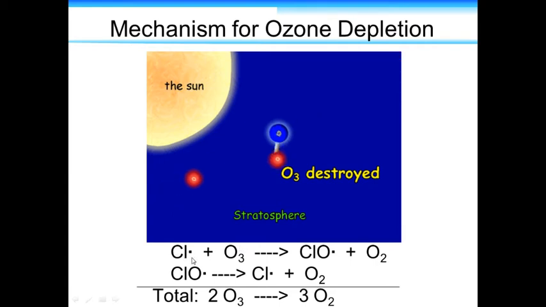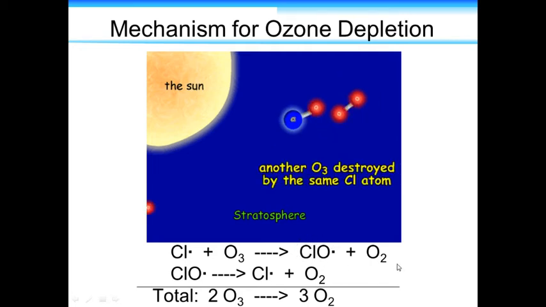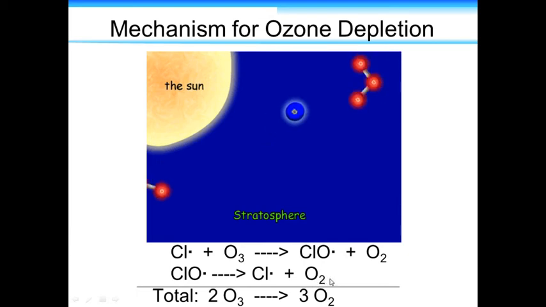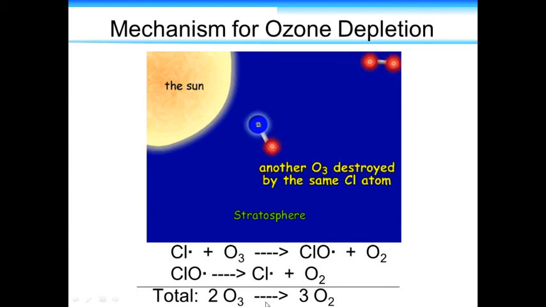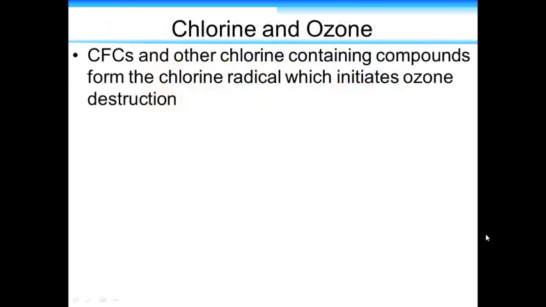And this is the chemical equation down here. Chlorine hits the ozone to form this ClO radical, and then that can break apart, and the net reaction is essentially ozone converting to oxygen. So it's this chlorine radical which causes ozone destruction.